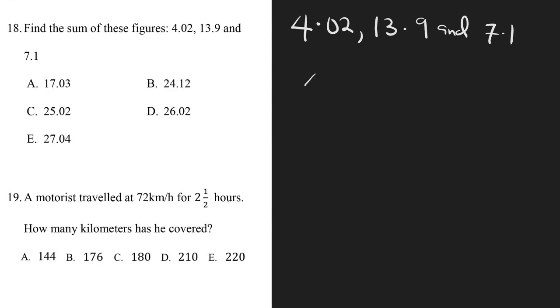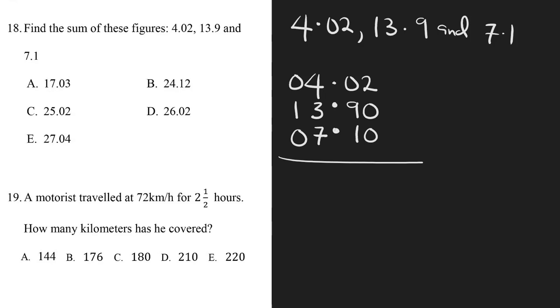So we have 4.02. Then here, put the point first to avoid confusion. Then we put 3 under this, and the 1 is here, then we have 9. Then 7.1, we put the point here, then put the 7 and the 1. If you like, you can balance these ones with 0, and draw the line.